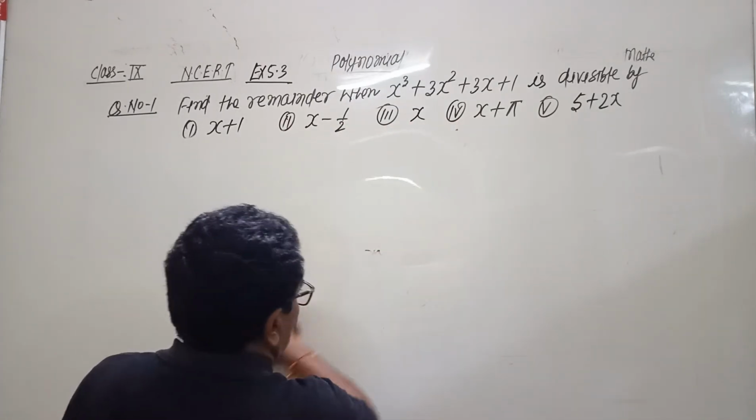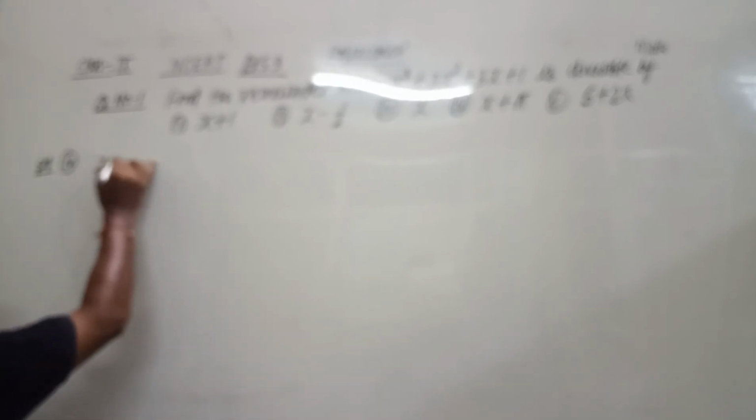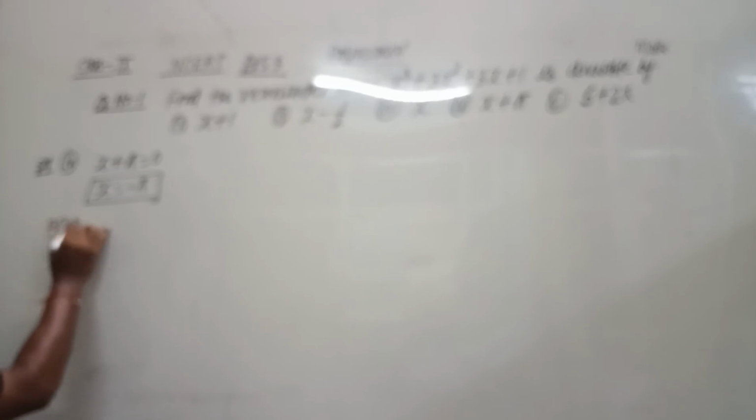Now the fourth part of this question. Firstly, we have to make it equal to 0: x plus p equals 0, and we find the value of x. So x equals minus p, and the polynomial p(x) is x cube plus 3x square plus 3x plus 1.